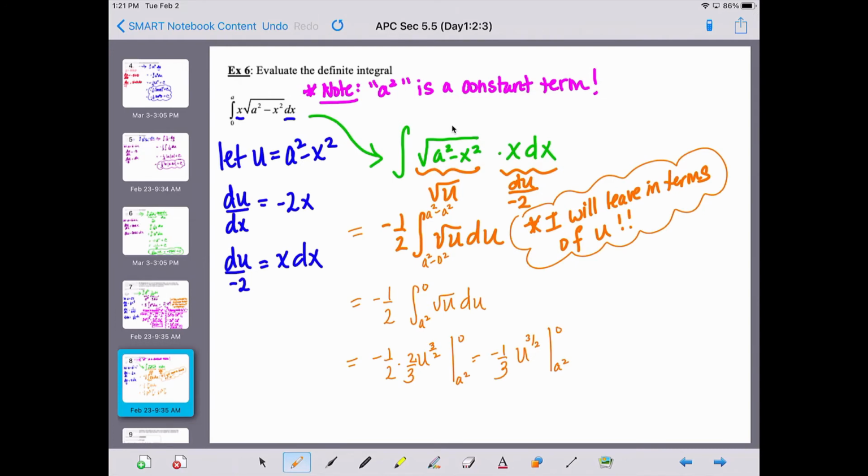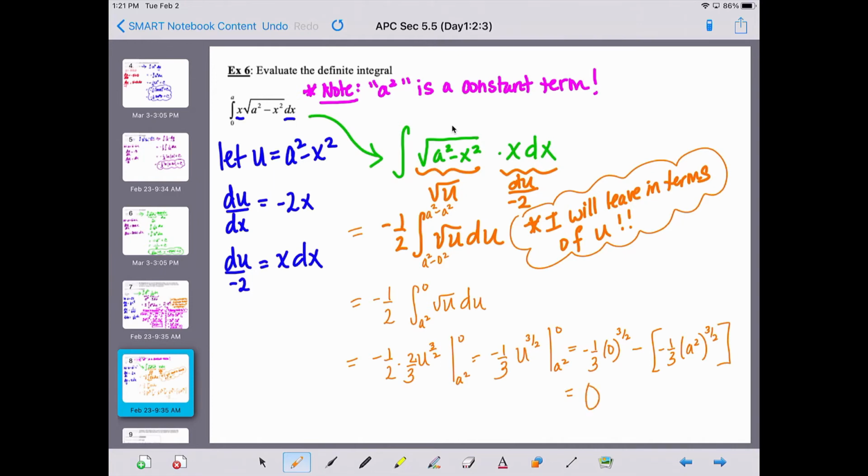Okay? And so now when I actually plug in my 0 and I plug in my a squared, again, you go top first, minus, and then bottom second. So this is going to be negative 1/3 times 0 to the 3/2 power minus negative 1/3 times a squared to the 3/2 power. Well, 0 to any power is 0, times negative 1/3 is 0.